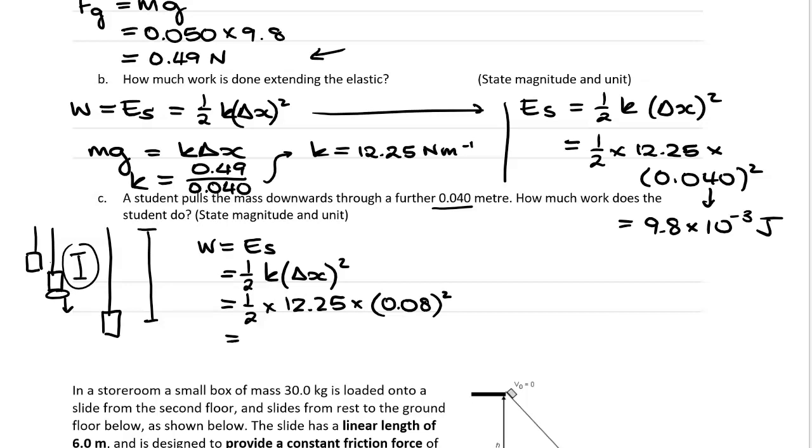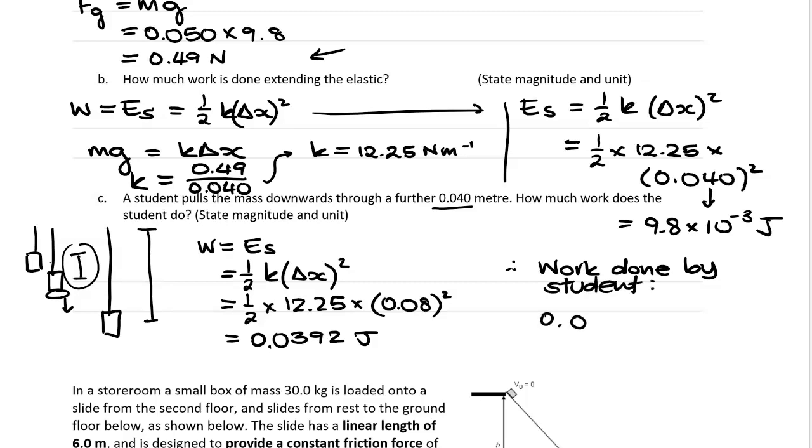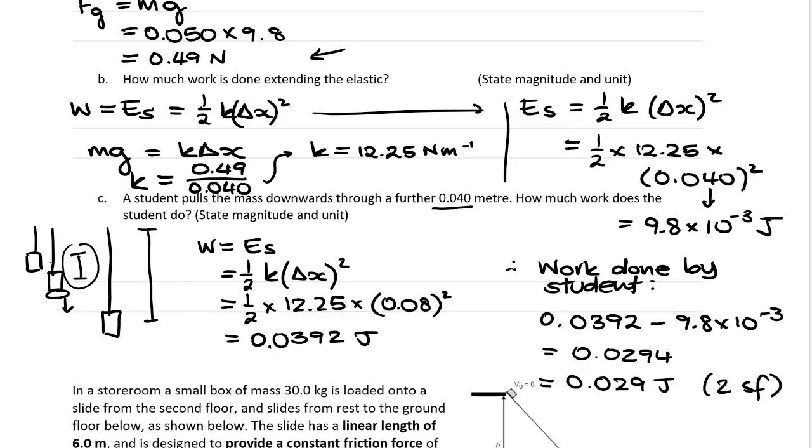And if I pop that in, I get this many joules. Just double checking. Yep. So that means, therefore, work done by student equals that 0.0392 minus the work done by the mass itself. So to 2 sig figs, that is 0.029.